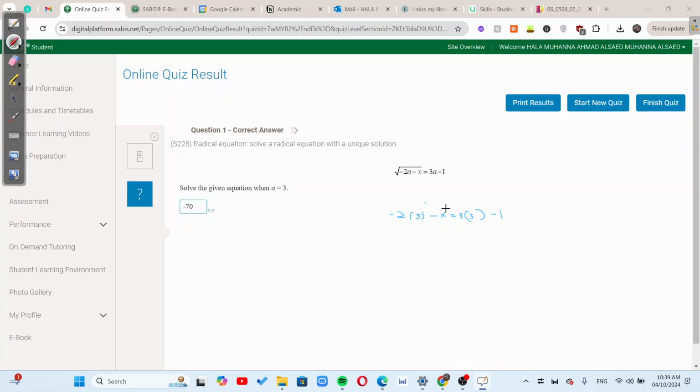Let's distribute. Oh wait, by the way, I forgot the radical sign here. Now let's multiply these things to get your full equation. So you have negative 6 minus x equals, of course, radical sign, 9 minus 1.